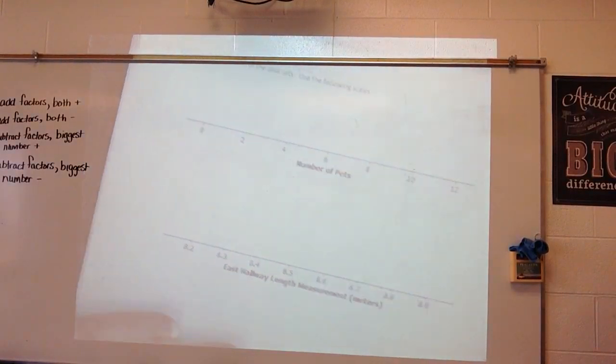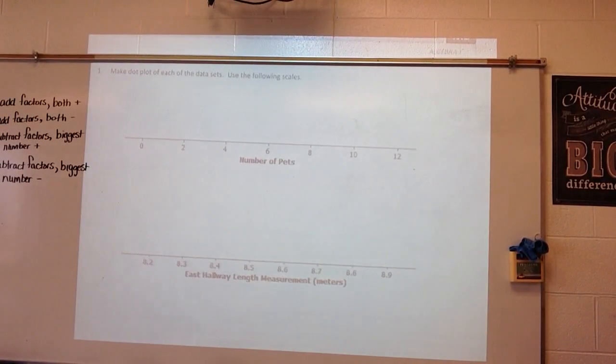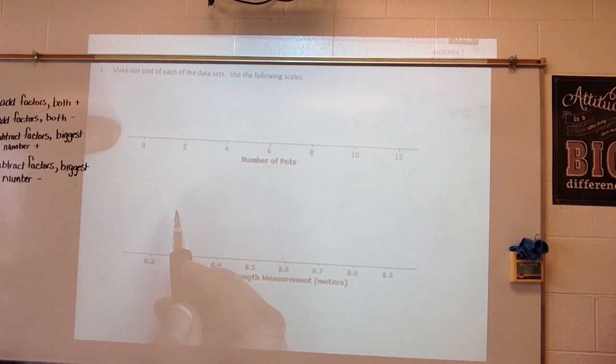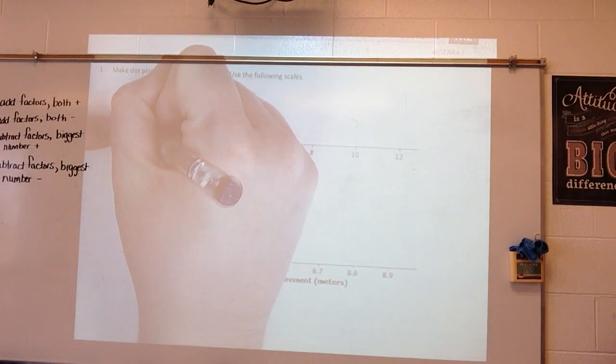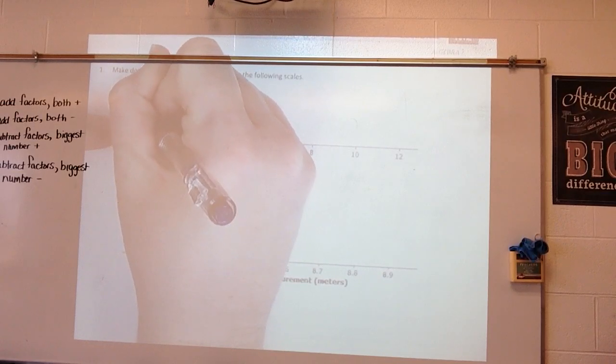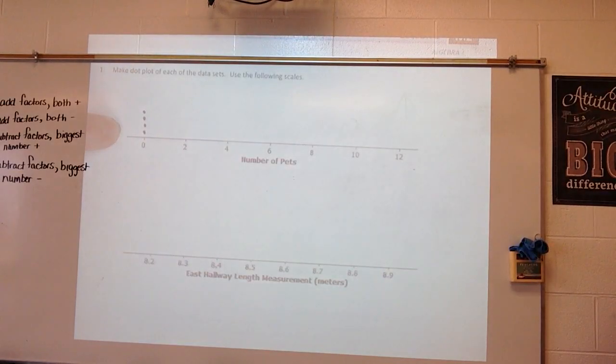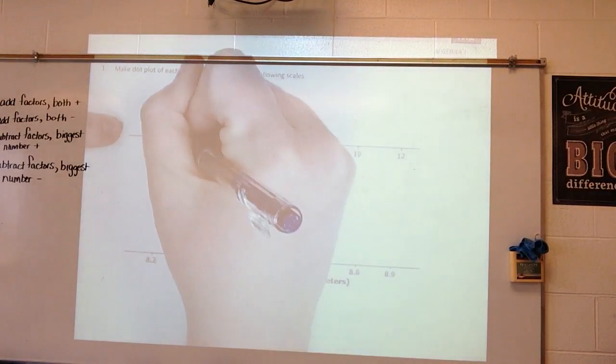Alright, and remember, all you're going to do is you're going to take your data and you are going to put dots. Alright, so first one is pets. Alright, so I have 1, 2, 3, 4 zeros. Alright, I have 1, 2, 3, 4, 5, 6, 7, 8, 9, 10 ones.